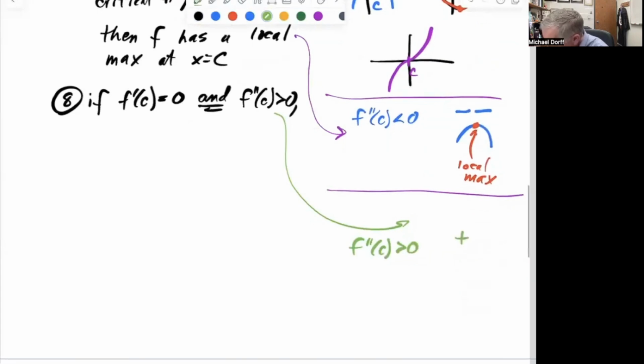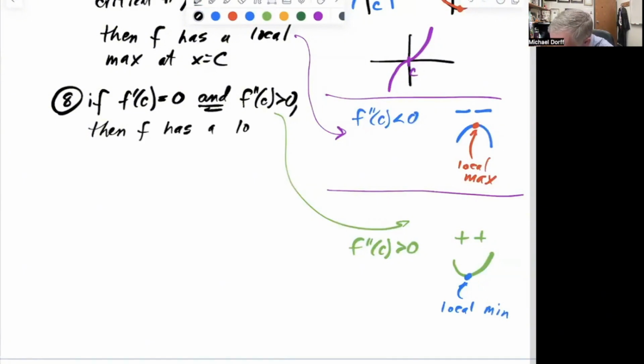That means I've got my smiley face. And because I know I've got a critical number there, it's got to be a local min. So if the first derivative at C equals 0 and the second derivative at C is greater than 0, then we have a local min at x equals C.